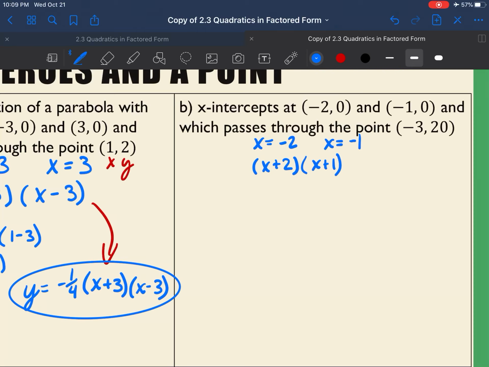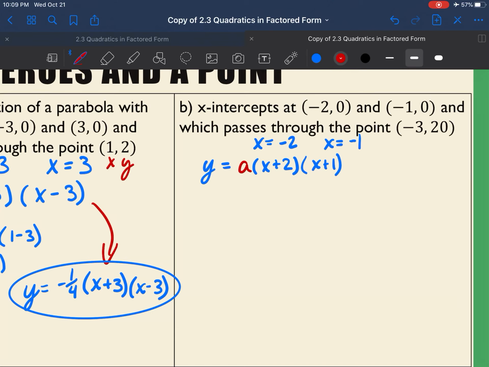We don't know if it has a stretch or compression or a reflection, so we're just going to have that multiplier in front. Because that number in front, the a, always tells you whether it's a stretch or a compression, or neither, and whether it's reflected.